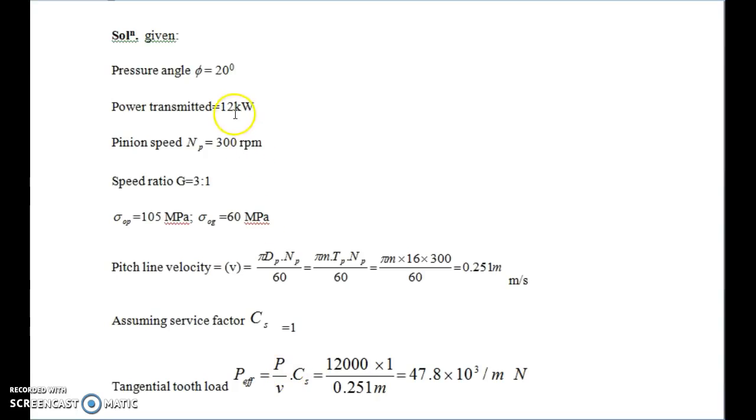So P is given as 12 kilowatt, so we write 12 multiplied by 1000, and pitch line velocity V equal to 0.251 m, where m represents module, and surge factor is 1, so overall it equals 47.8 times 10 to the power 3 upon m.